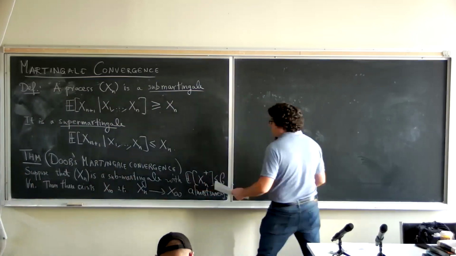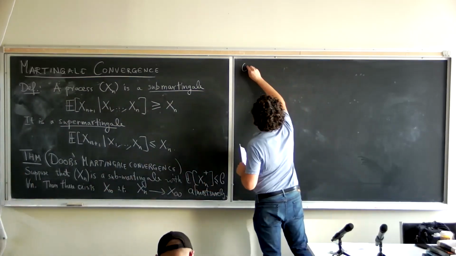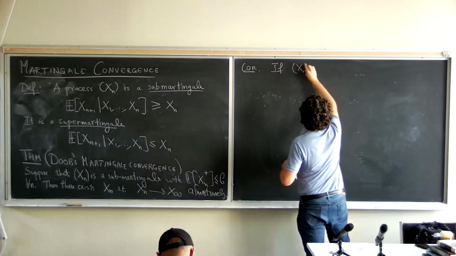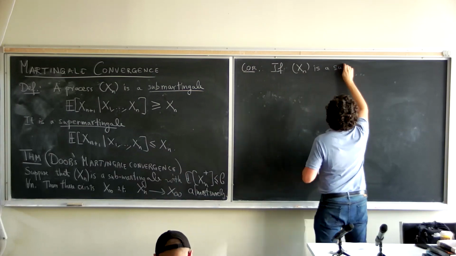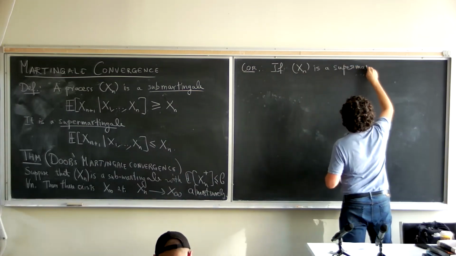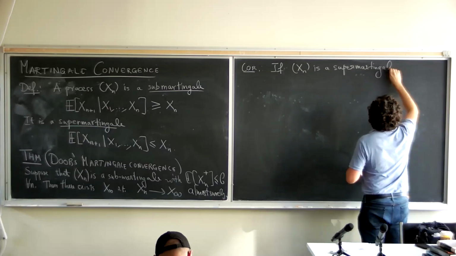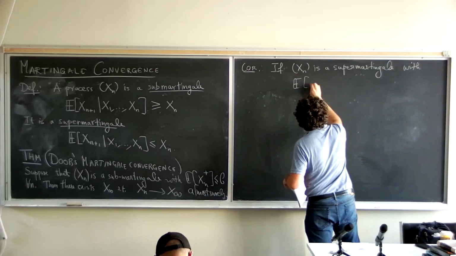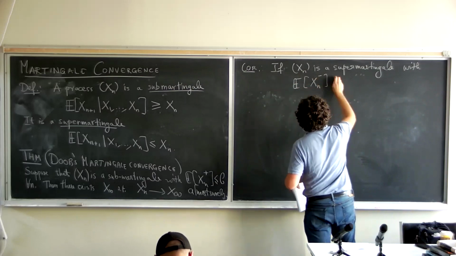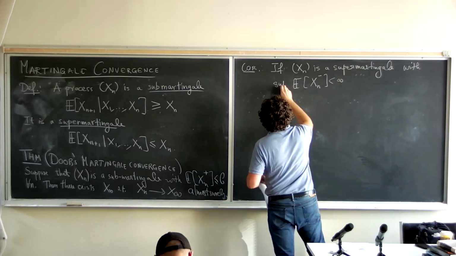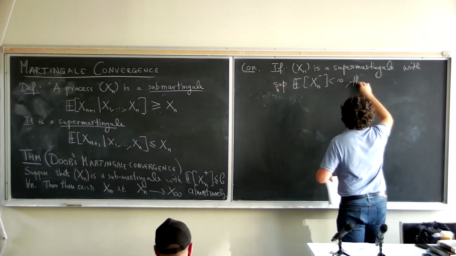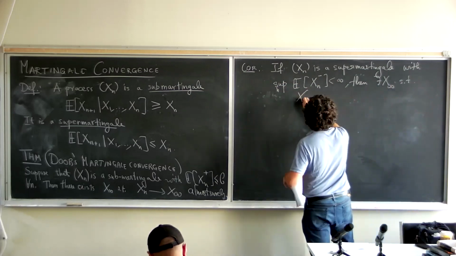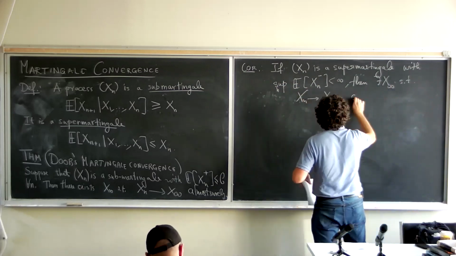And of course, the other version, the corollary, would be that if Xn is a supermartingale with again the expectation of Xn minus bounded, the supremum over n, then there exists X infinity such that Xn converges to X infinity almost surely.